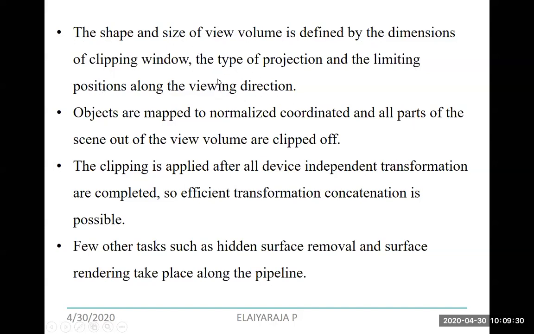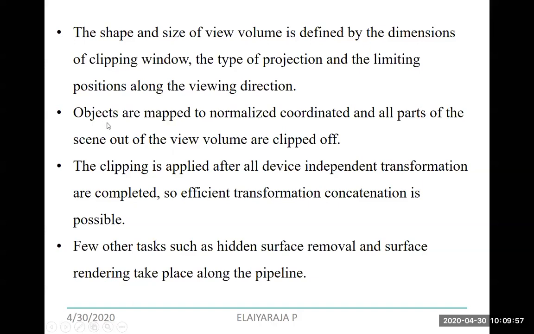When you look into that, there is X window minimum, X window maximum, Y window minimum, Y window maximum, and along with that near and far, the Z view volume is added. Okay. Suppose you take the XY plane or YZ plane or XZ plane, based on that it is going to change.